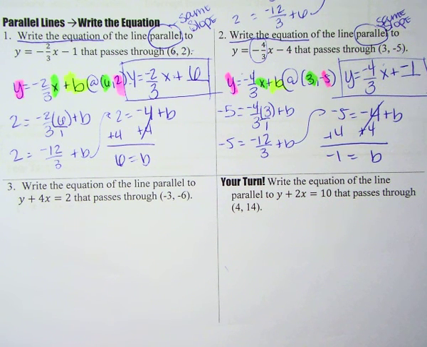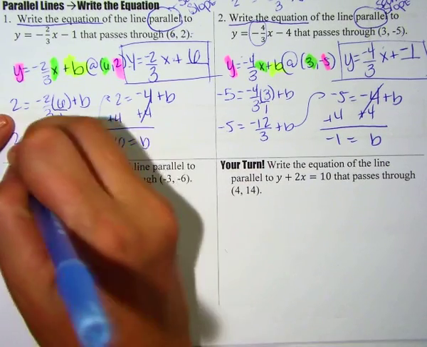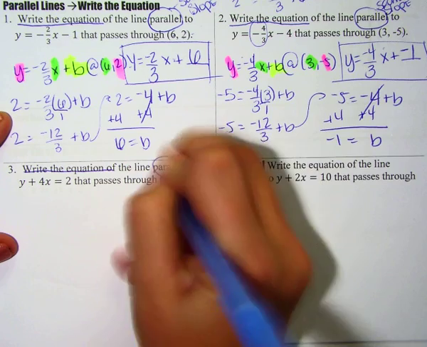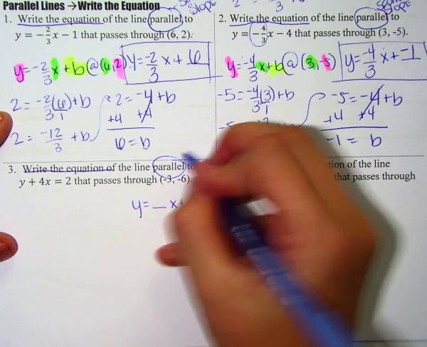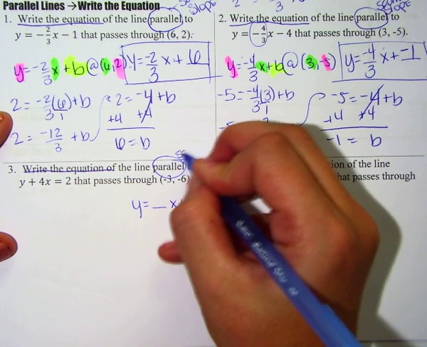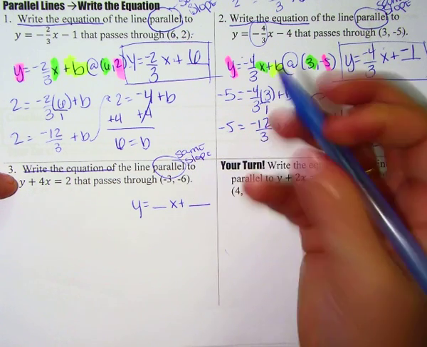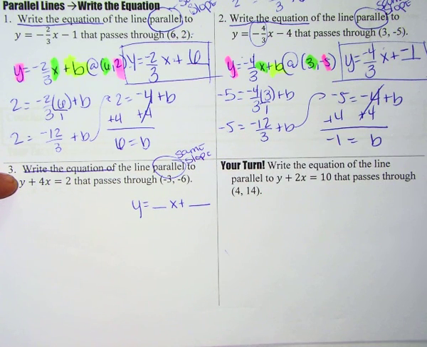Number 3 is a little bit different. You're going to write the equation of a line, write the skeleton. Parallel, so this will be same slope to this equation that passes through negative 3, negative 6. Now, this is not in slope-intercept form.